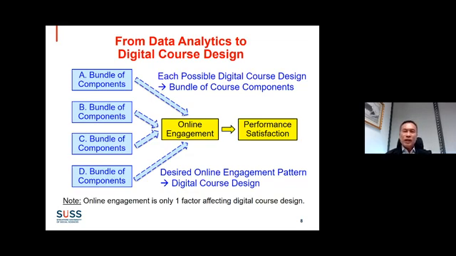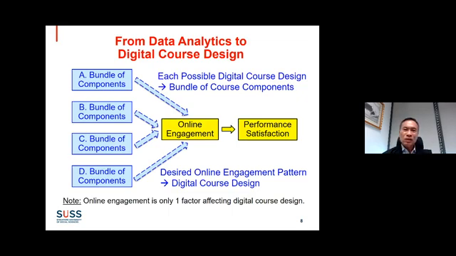Now, if we have in this example 4 different course designs, the different components in each course design will generate a certain pattern of online engagement. Different instructional materials, different activities, different interactions will lead to a different pattern or profile of online engagement behavior.